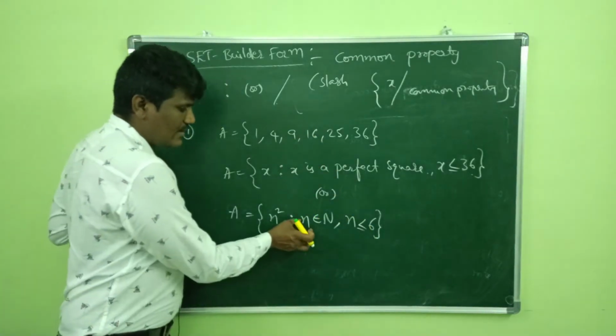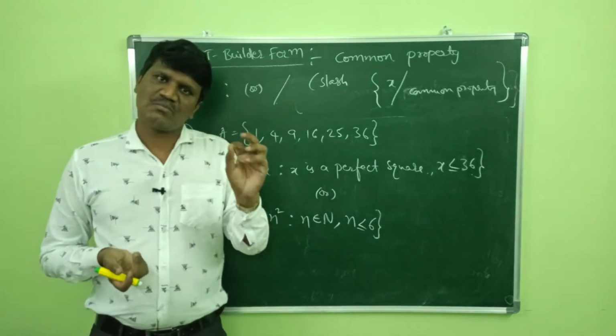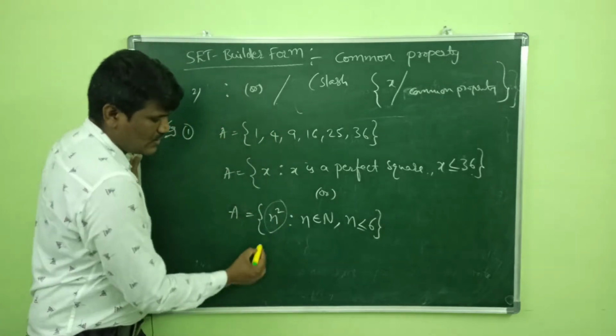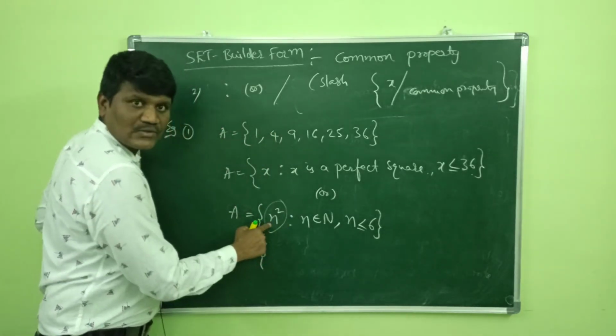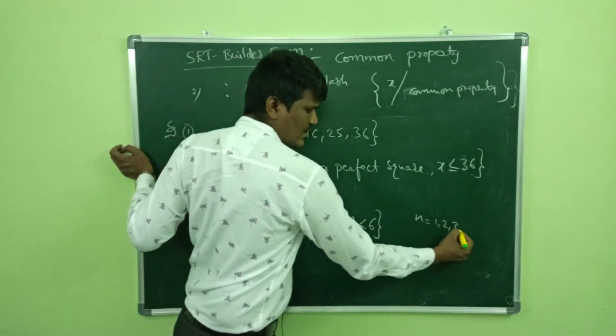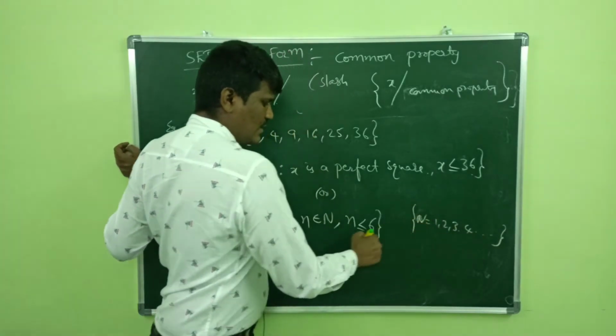But observe here, A is equal to {n square: n belongs to N, n less than or equal to 6}. That means n is a natural number. Natural numbers start from 1. So n belongs to N means n is equal to 1, 2, 3, 4, 5, 6, till 6 only.